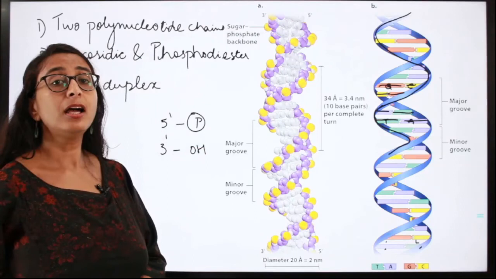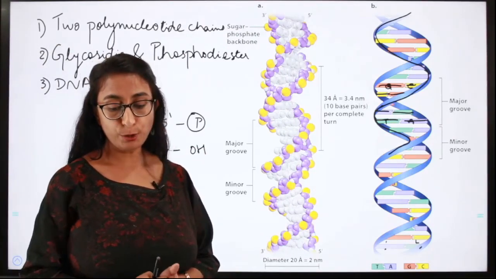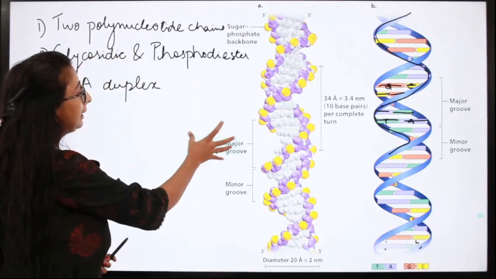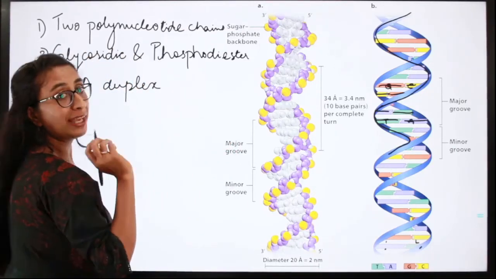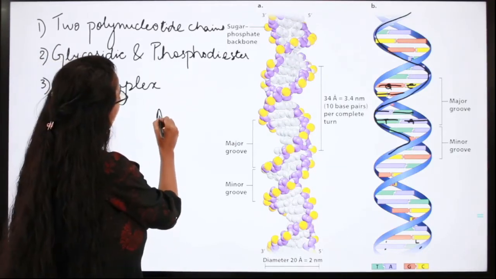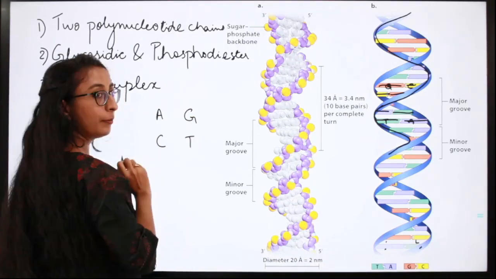And then here in the double helical structure of DNA, Watson and Crick also spoke about the complementary base pairing. So you can find that in DNA, though we have purines and pyrimidines, isn't it? Adenine and guanine are purines, cytosine and thymine are pyrimidines.